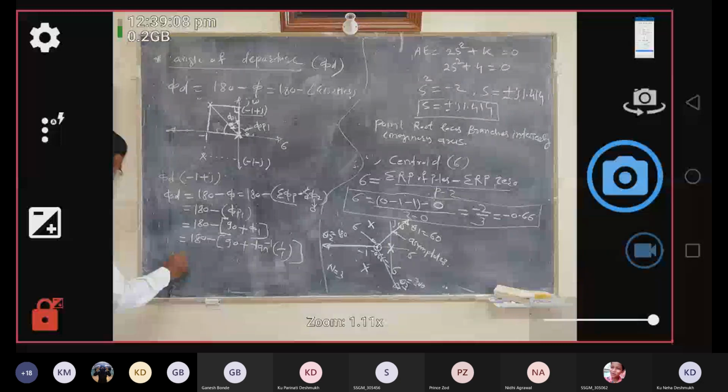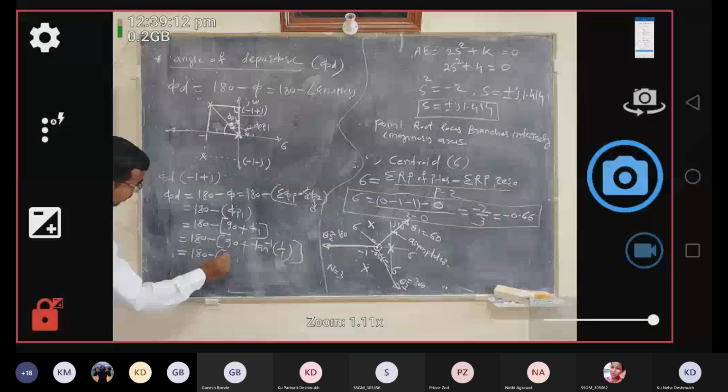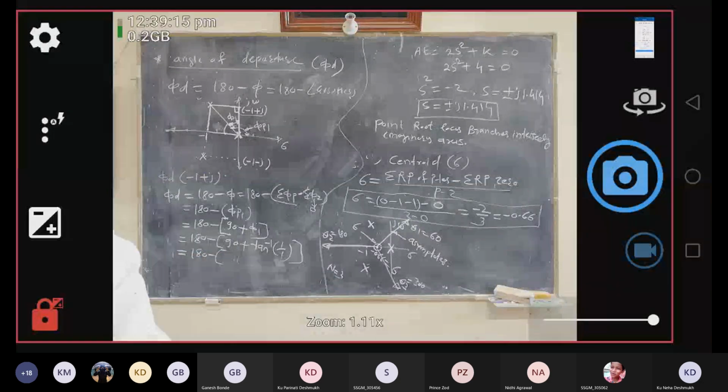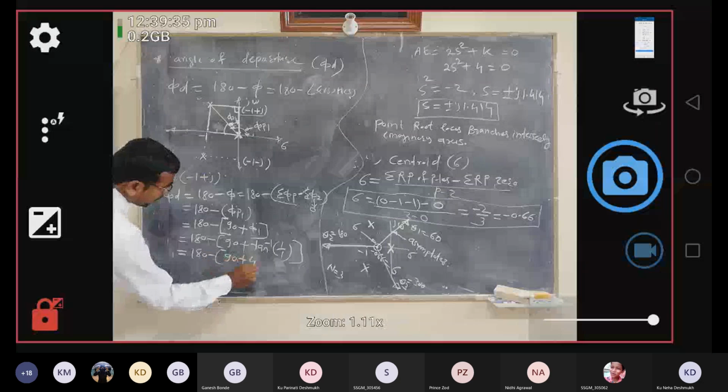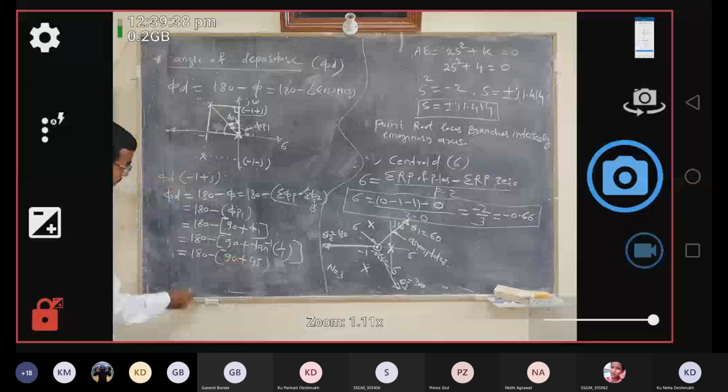Okay, so here 180 minus, what is tan inverse of 1? Please calculate it. It could be 45, so therefore it could be 90 plus 45.